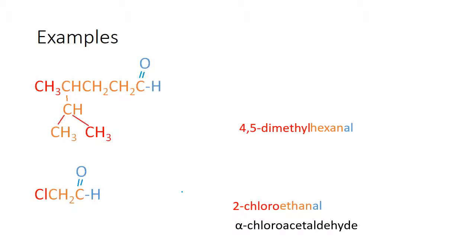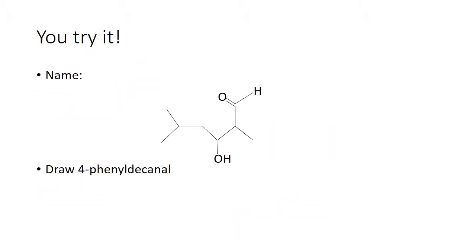And so a common name for this is alpha chloroacetaldehyde. And we'll next semester use more of the alpha and beta to indicate a carbon adjacent to a carbonyl. That's going to be something that we use when we start.